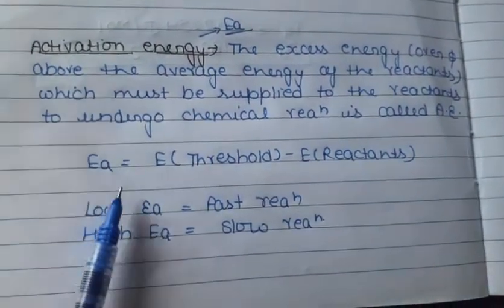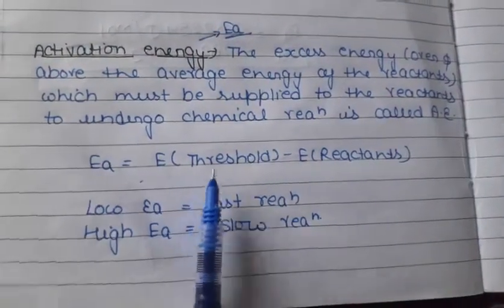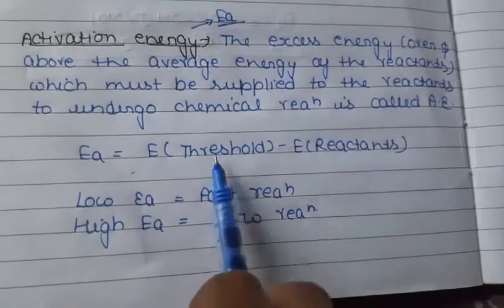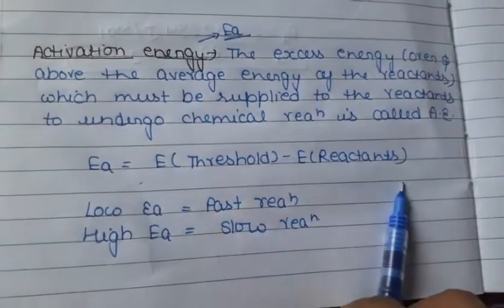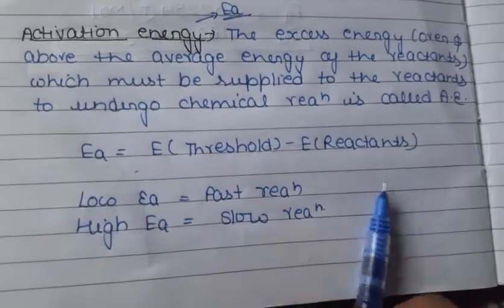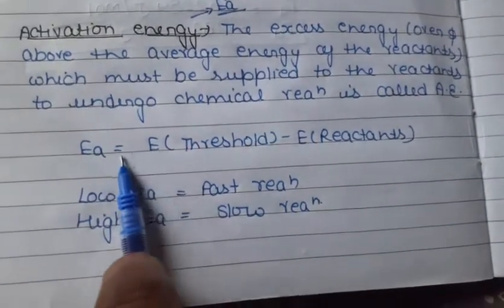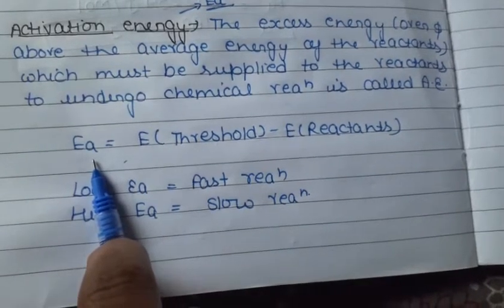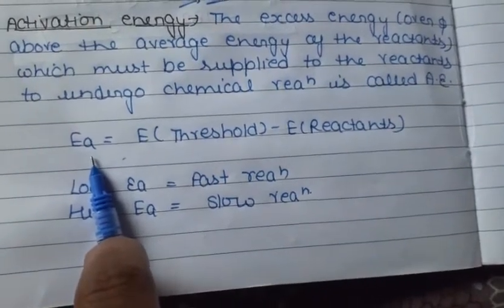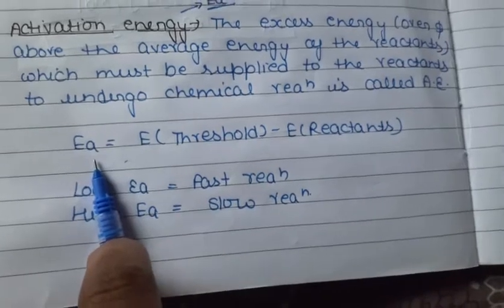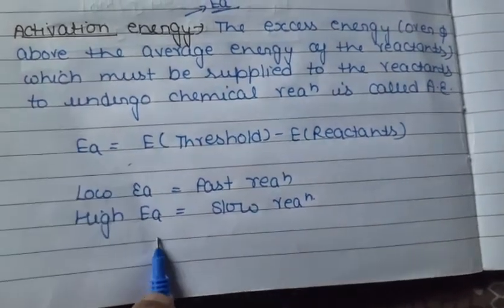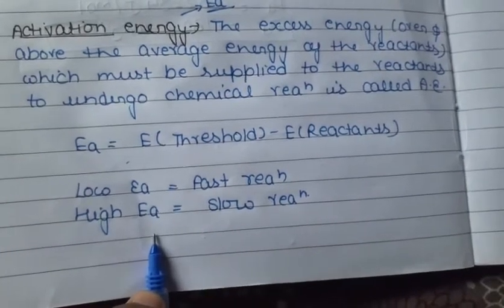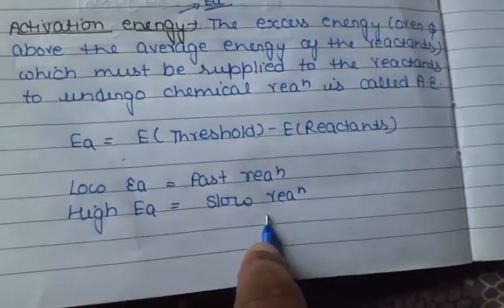So we can write that activation energy is equal to threshold energy minus reactant energy. So this is the difference between the threshold energy and reactant energy. Each reaction has a definite value of activation energy that decides the fraction of total collisions which are effective. Listen carefully, if the activation energy for a reaction is low, then a large number of molecules can have this energy, so the fraction of effective collisions, f, will be large.